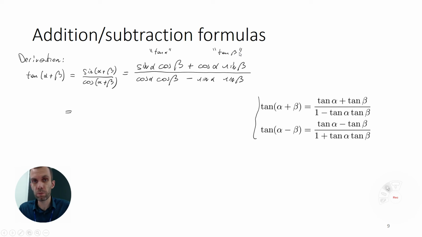I'm putting these between quotation marks. They're not equal, but I want to make them equal, and I need to do some tricks to get there. So how can I make them equal? Let me write down what I have in the first term. I have sine alpha cos beta.